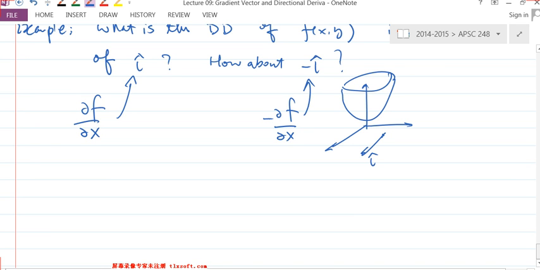Which direction? Well, u hat is the arbitrary direction. So u hat you have to specify a certain direction to give you the maximum, right? What direction? The direction pointed by the gradient vector. So we're going to prove that in the next lecture, okay?